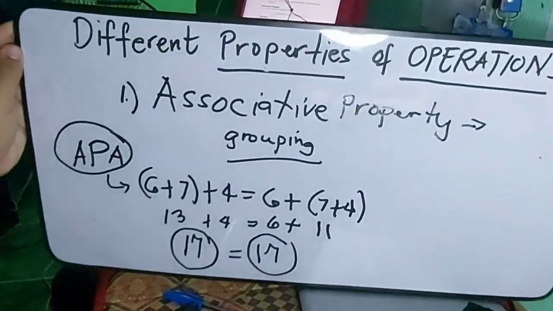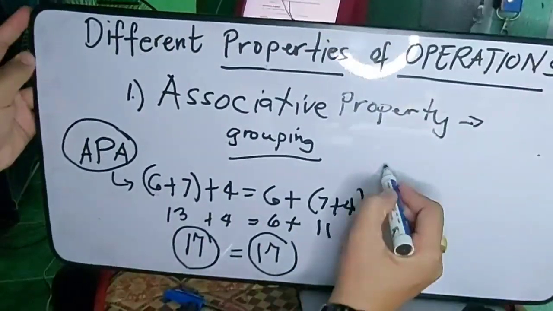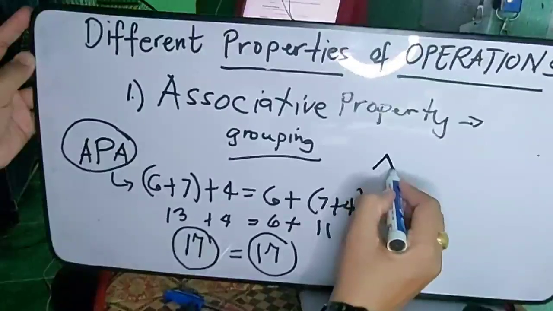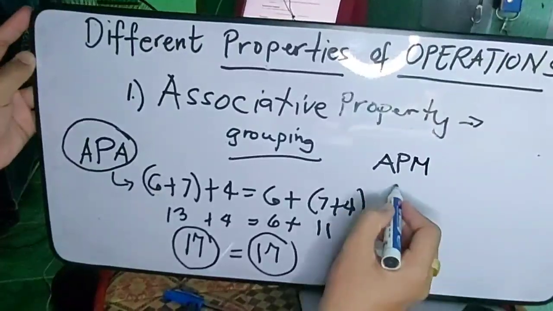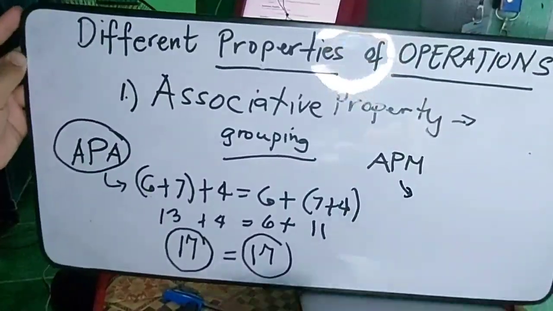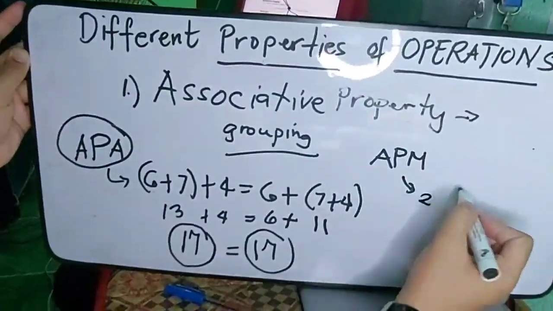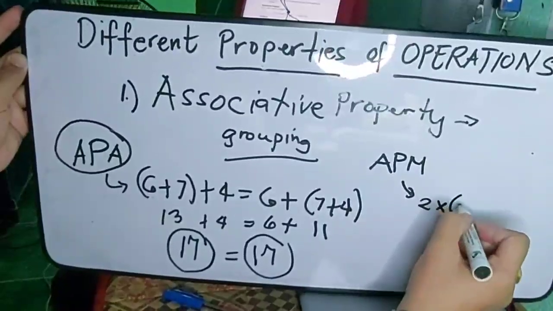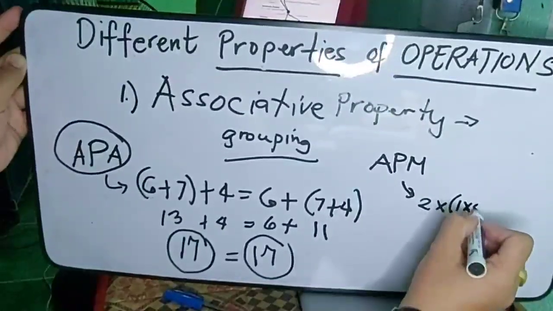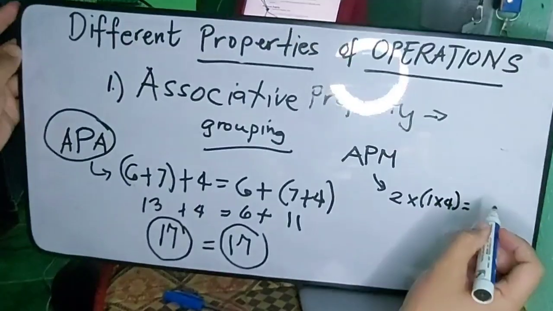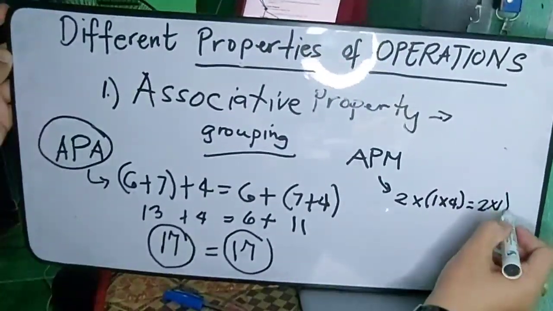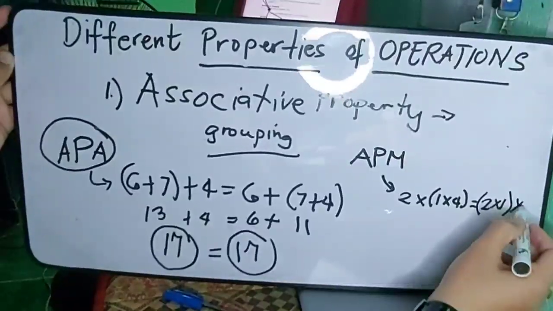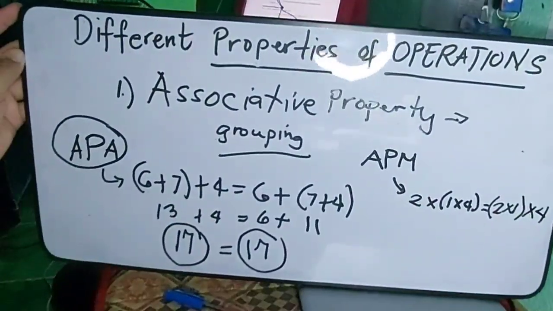Now, let's proceed to multiplication. This is what we call the associative property of multiplication. For example, 2 times 1 times 4 is equal to 2 times 1 times 4 regrouped. Let's perform.